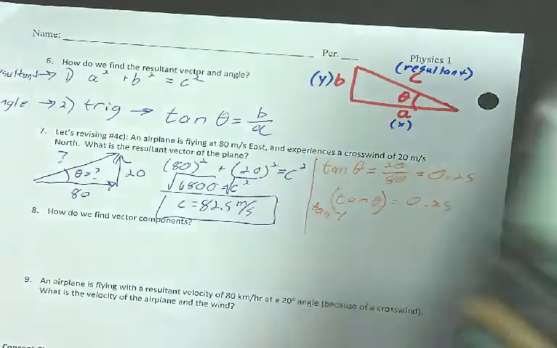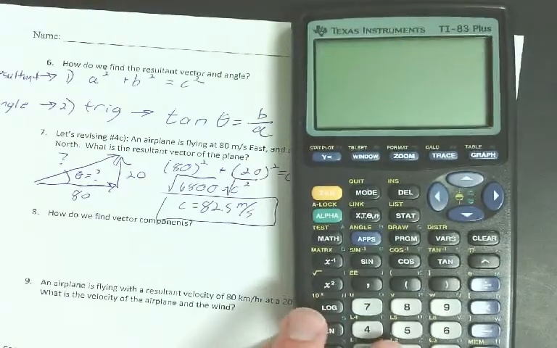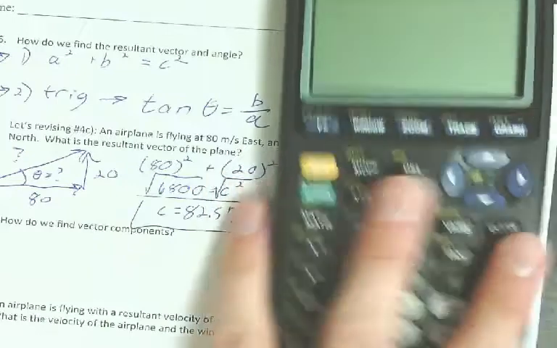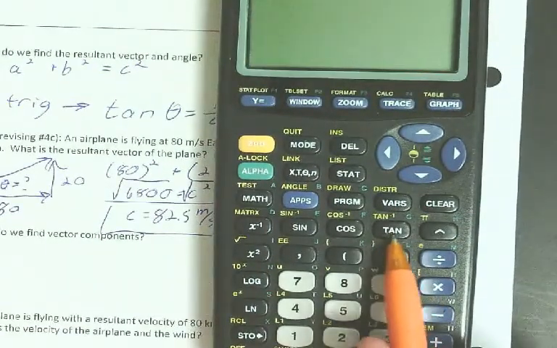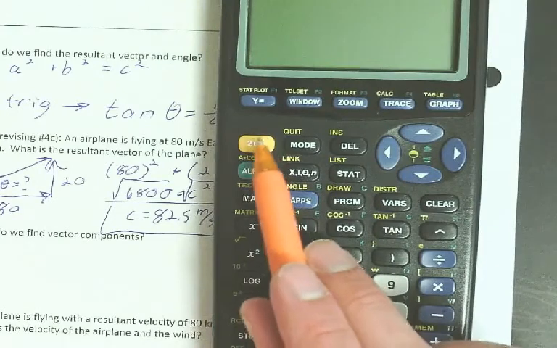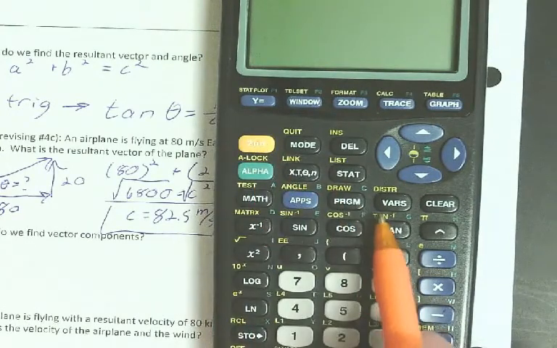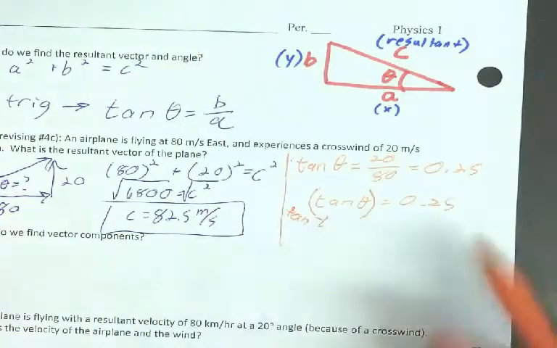Now, it is almost always going to be above the tangent button. So if you look here on mine, here's my tangent button. Notice that the tan^-1 is above that. So to do tan^-1, I would hit second, tan, and that would do the tan^-1 for me. So how do I do it here?